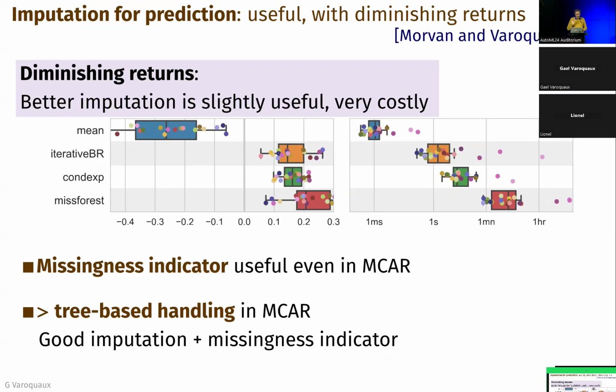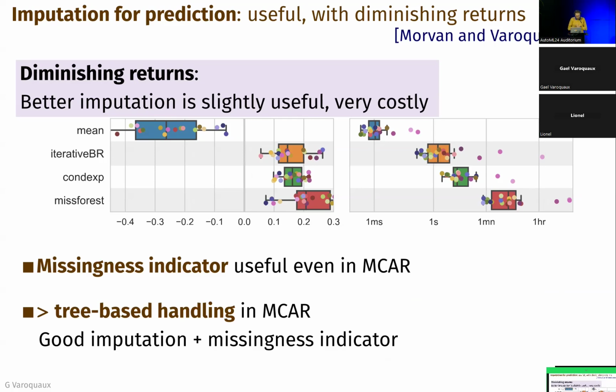The gains that you get in imputation transfer very little to the gains that you get in prediction. And once again, the problem is that imputation can be much, much more costly than prediction.